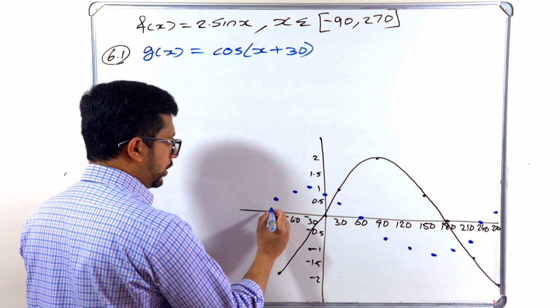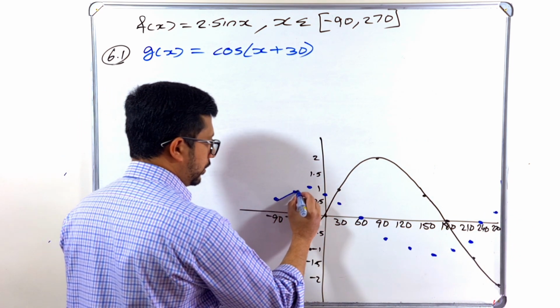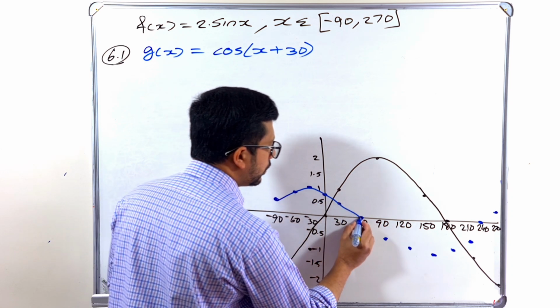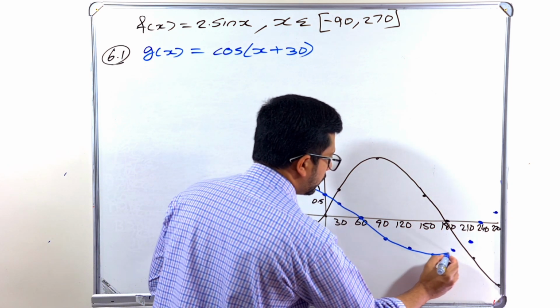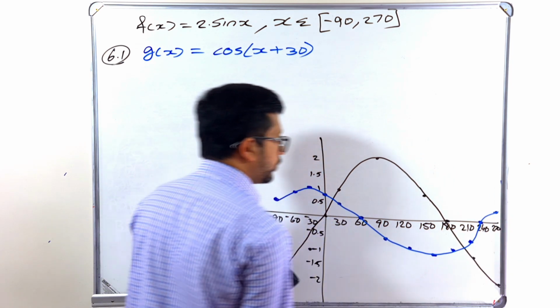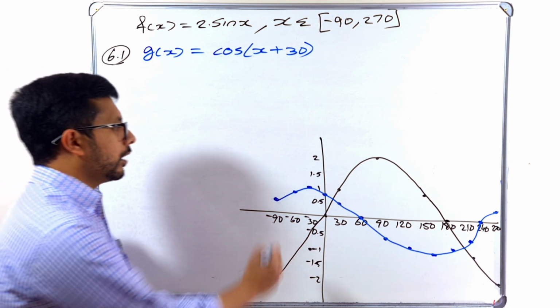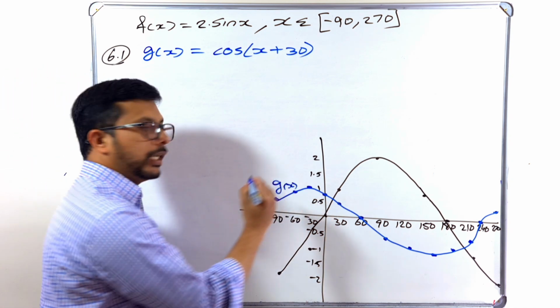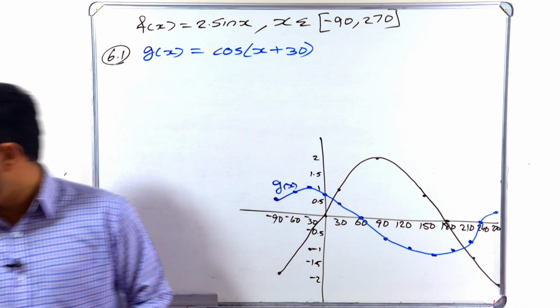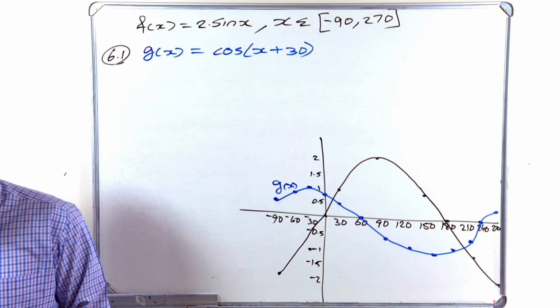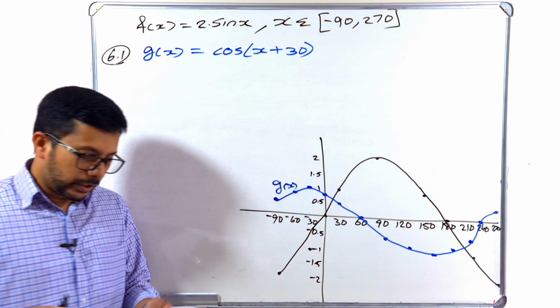So these are the points. Now start from here. Draw that graph. So this is the graph of g of x, and the given one is the f of x graph. Am I right? Okay, so that is question number 6.1.